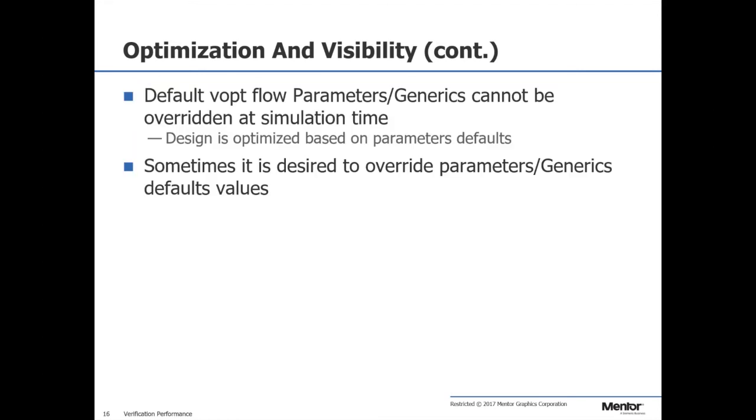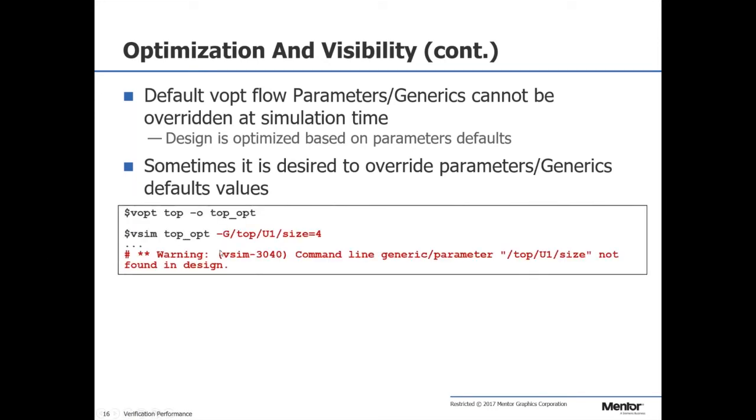So if you have top level parameters in your design, you have to treat that somewhat carefully. So for instance, in this design, I've got on this module right here, I've got a parameter called size.